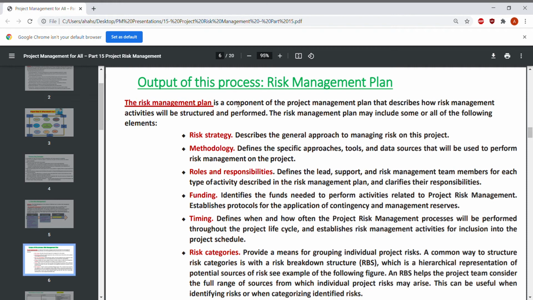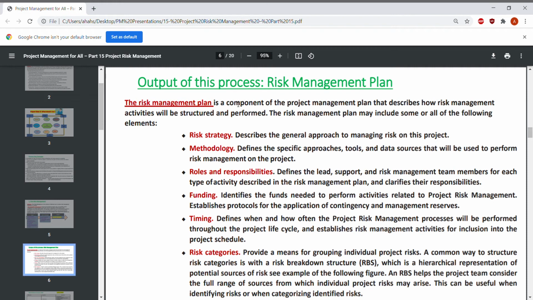The second one is the methodology, which defines the specific approaches, tools, and data sources that will be used to perform the risk management of the project. The third part is the roles and responsibilities. So it will define the lead, support, and risk management team members and who does what and when.